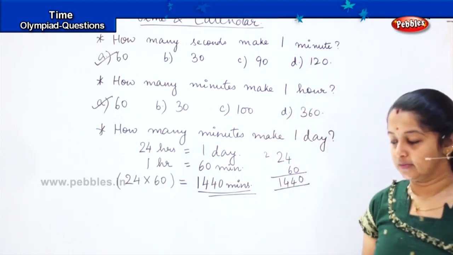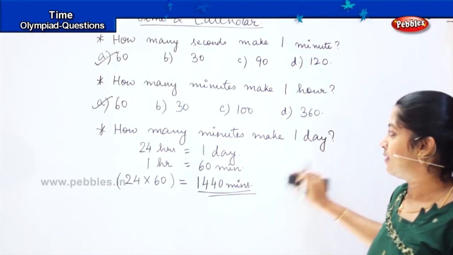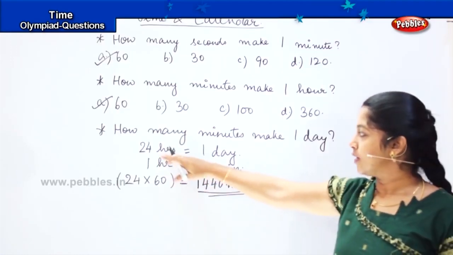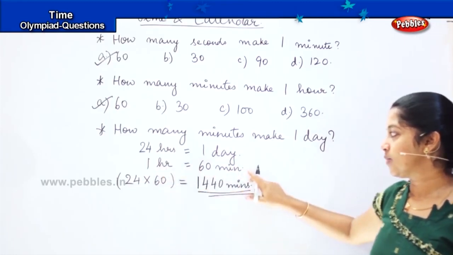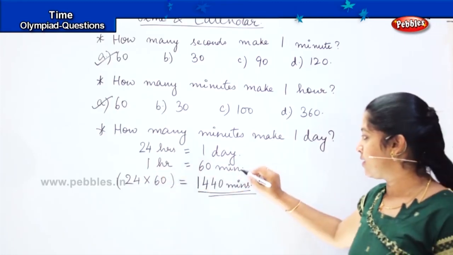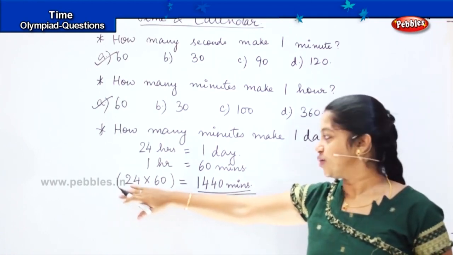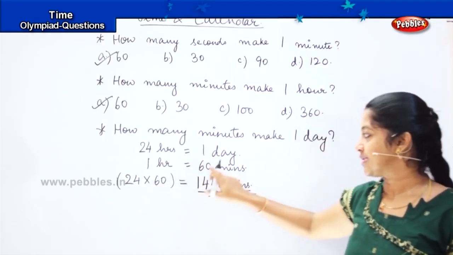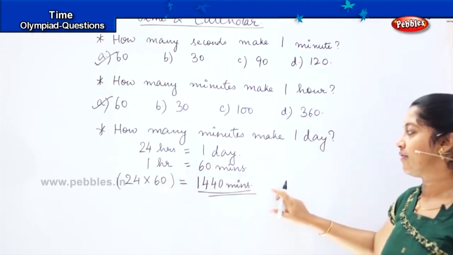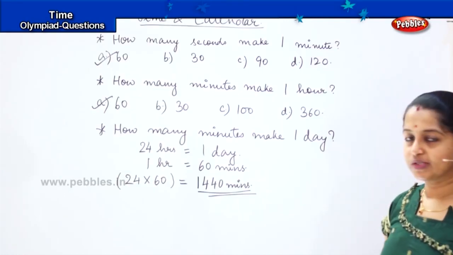This is your answer. Is it clear? How did you do it? 24 hours make 1 day and 1 hour is equal to 60 minutes. So my 24 hours will be 24 into 60, which is 1440 minutes. Is it clear? Shall we proceed?